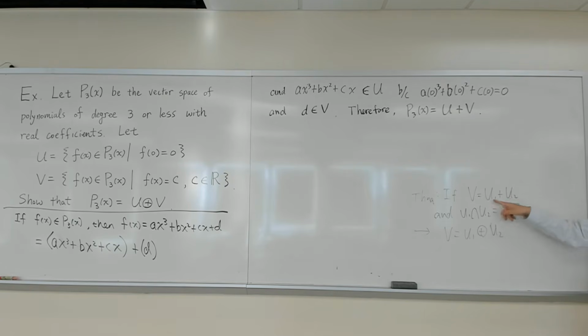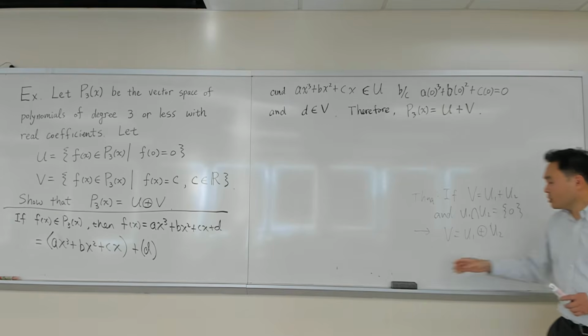Maybe you think U1 intersect U2, U2 intersect U3. Maybe that's right. So if you do U1 intersect U2 intersect U3 to be 0, that's not enough. But maybe pairwise intersection be 0. Yeah, maybe that's enough. Okay.